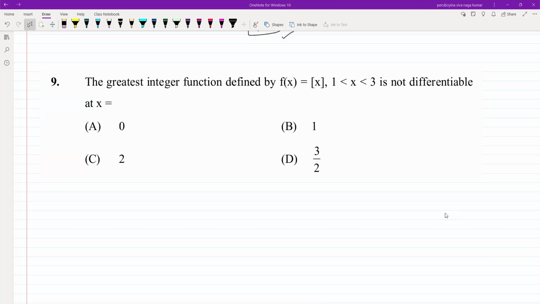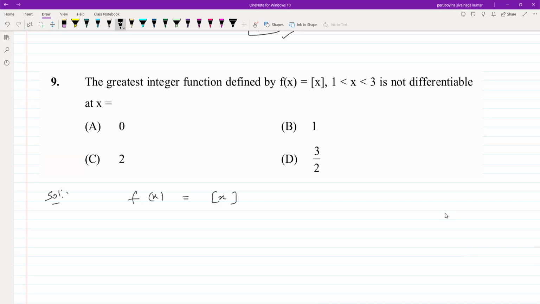Problem number 9. The greatest integer function f of x is equal to step x between 1 to 3 is not differentiable at x is equal to what value? 0, 1, 2, and 3 by 2.